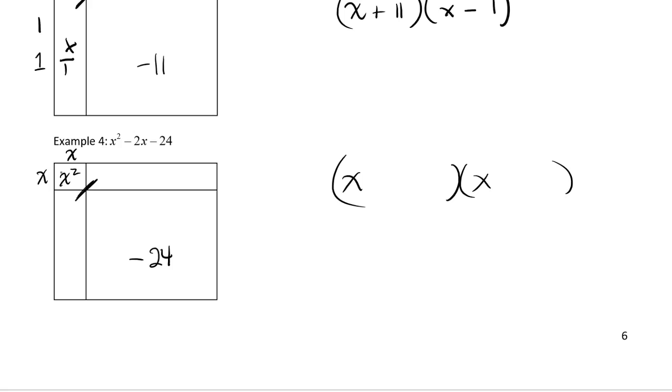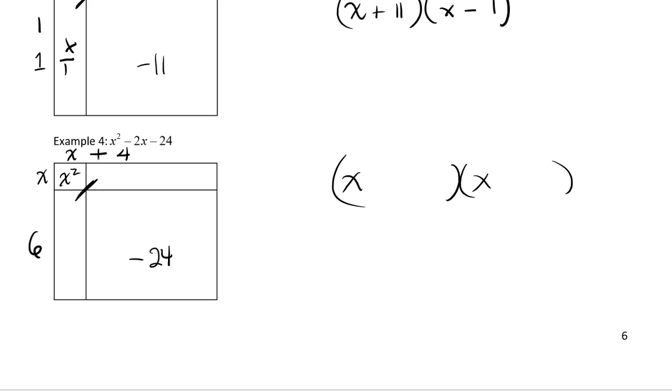So I think of 24 and I think of 2 times 12, 3 times 8, and 4 times 6. So 4 times 6 would give me 24, and the difference between them is 2. So that's a good sign, and I need the number to be negative in the middle.